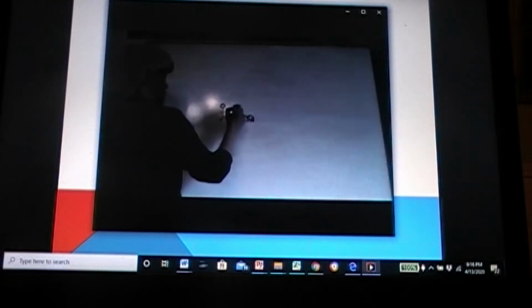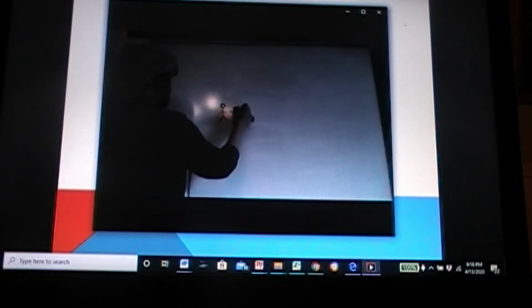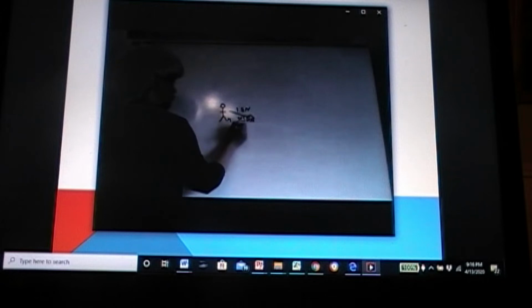The string makes an angle of 52 degrees to the ground, so this is 52 degrees. Here is clearly the ground. This is the force. The force here would be 1.5 newtons.